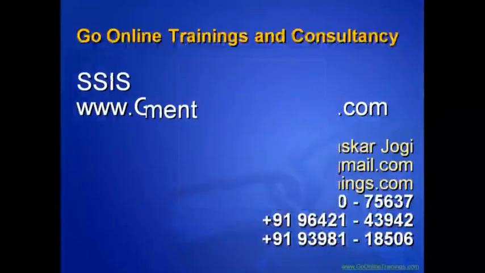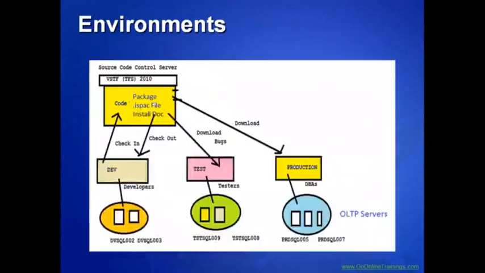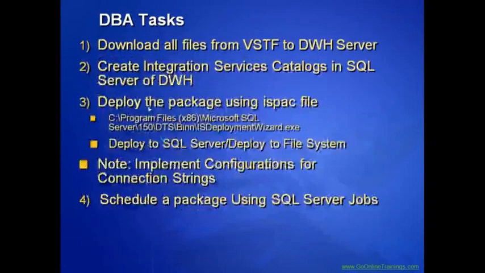So let me give you the steps clearly. A developer has given the ispac file. Developer also has given the installation document. Now, what is the step that the DBA team has to do? Download all files from ESTF to the data warehousing server. Then they can deploy. Before that, they need to create one more database.